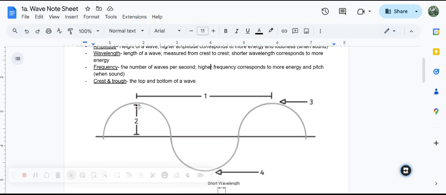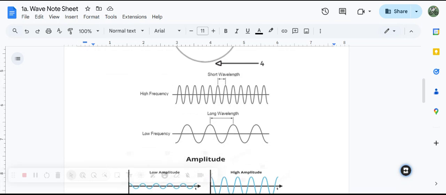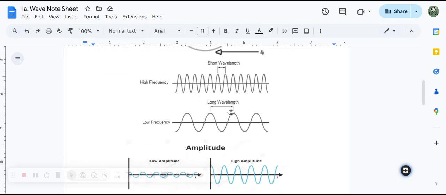The higher the height, the higher the amplitude, the more energy. The longer the wavelength, the less frequent the wave, and therefore the less energy. But if we shorten this distance and the wavelength gets shorter, the frequency will also increase, which means that the energy will increase.